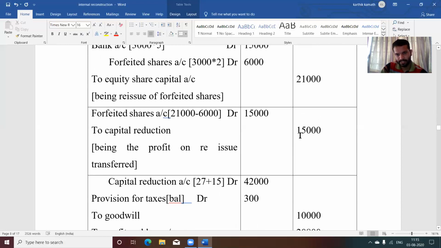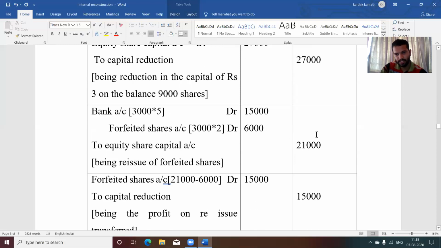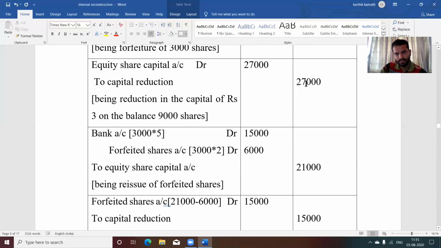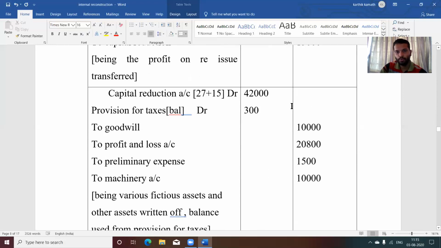The credit balances are 15,000, and one more credit balance of 27,000 from journal entry number 2. Together, 42,000. Provision for taxes, let it be as it is. If necessary, we will utilize that balance. For the time being, you write that, and this will be the balancing figure because the credit side balance is more than the debit side balance.